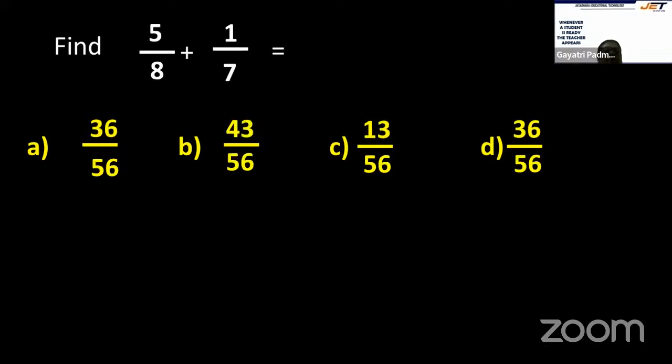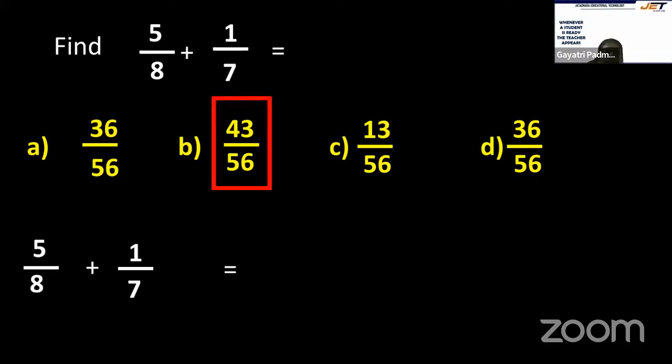5 by 8 plus 1 by 7 is what? Since the denominators are not the same, you cannot add it just like that, isn't it? That's the basic rule. So it is 43 by 56, which is nothing but 5 by 8 plus 1 by 7. Right? So you are going to multiply and divide by the same number.